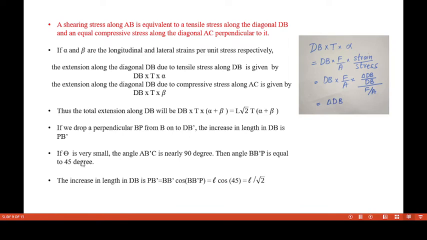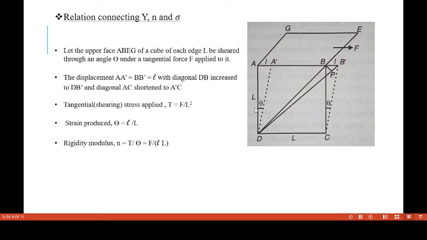And if theta is very small, that is, if the shearing angle theta is very small, we can take angle A B' C as approximately 90 degree. Not exactly 90 degree, but it can be taken as approximately 90 degree if theta is very small.